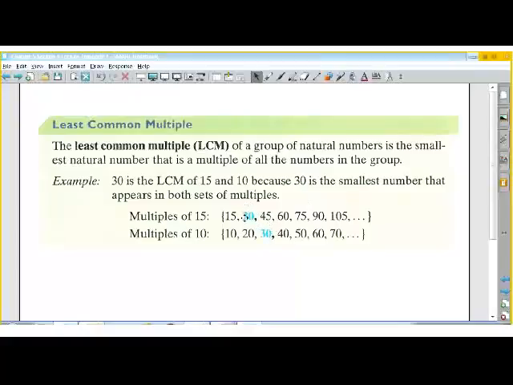Then you look for the first time you see the same number in both multiples. So I see 30 is a multiple of 5, 15, and 30 is a multiple of 10. So this is what we call the least common multiple. There are other common multiples. 60 is a common multiple. 90 will be a common multiple, but 30 is the smallest of the common multiples. So it's called the least common multiple.